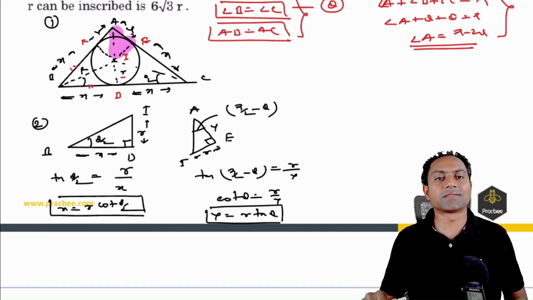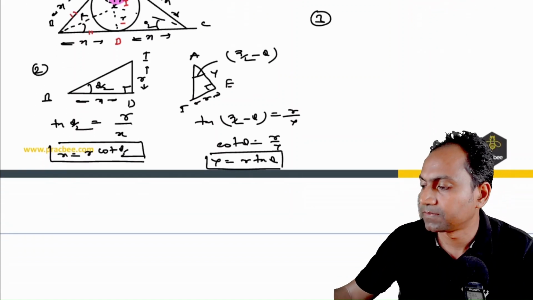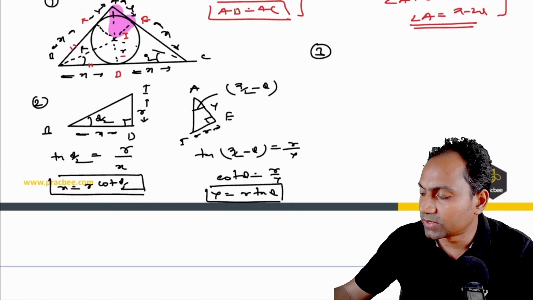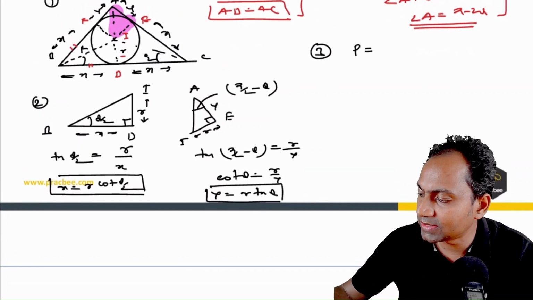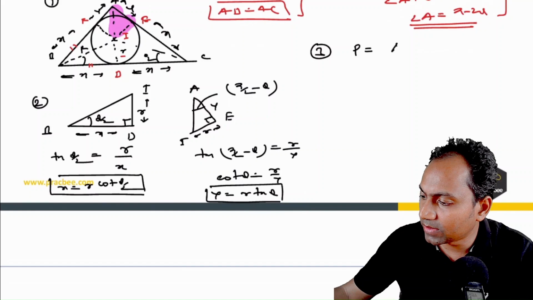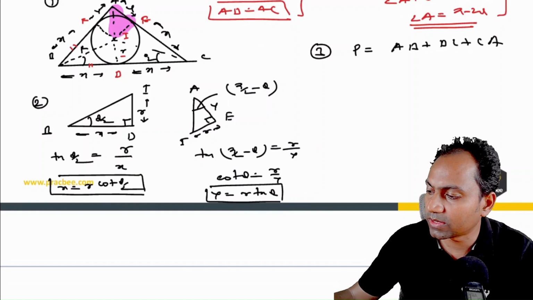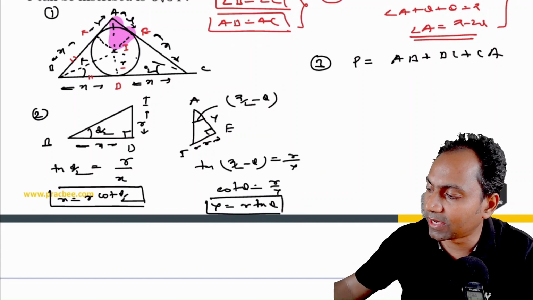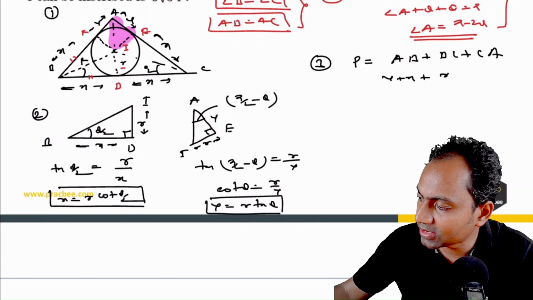Now once you have figured this out, let us go to the question. The question says that the parameter of the circle. So if I take the parameter as p, it is nothing but the sum of all the sides. And if I see the sides, it is nothing but AB plus BC plus CA. Now AB from here can be written as nothing but y plus x. BC can be written as nothing but x plus x.